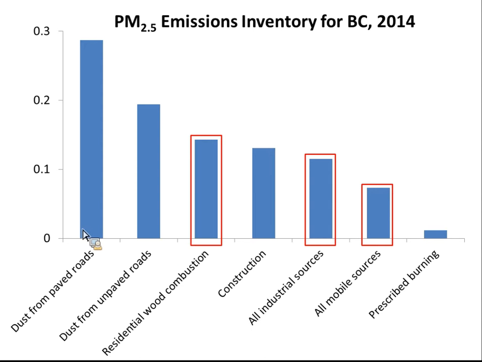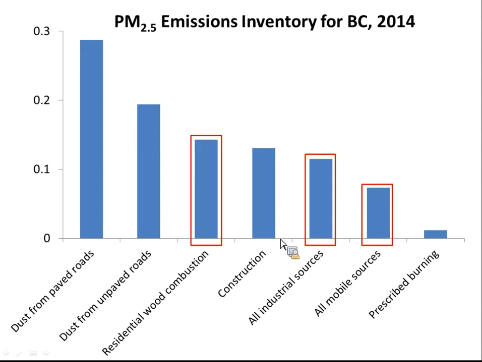When we look at emissions for British Columbia that go into the National Emissions Registry or inventory, we can see for PM2.5, dust from paved roads and dust from unpaved roads are large sources. The next largest source is residential wood combustion.